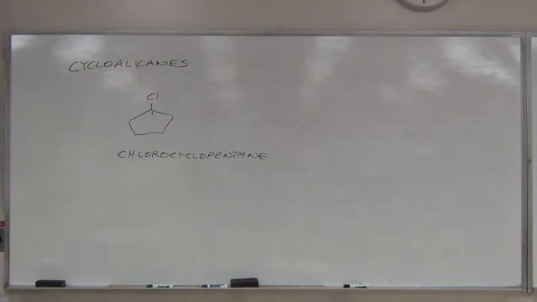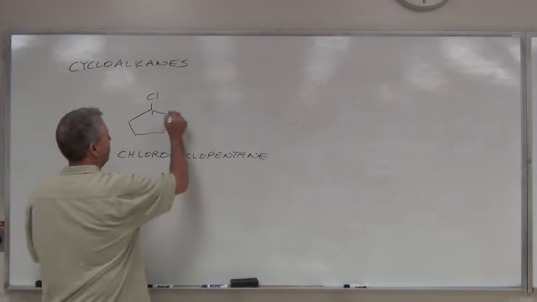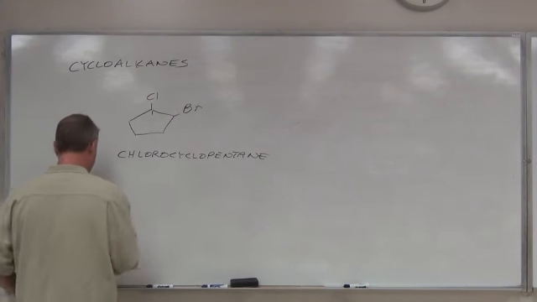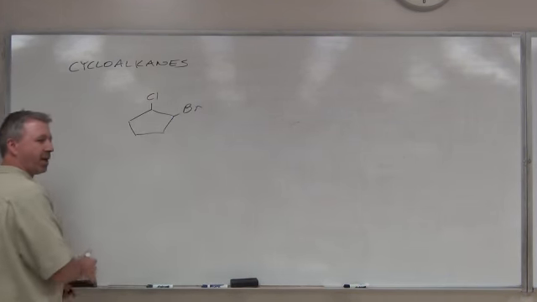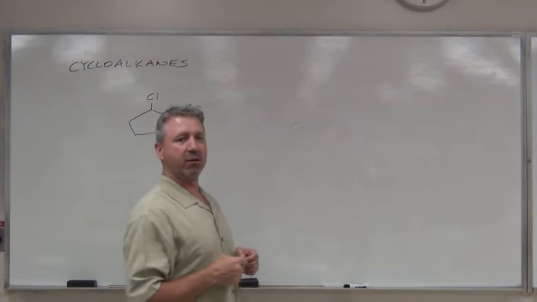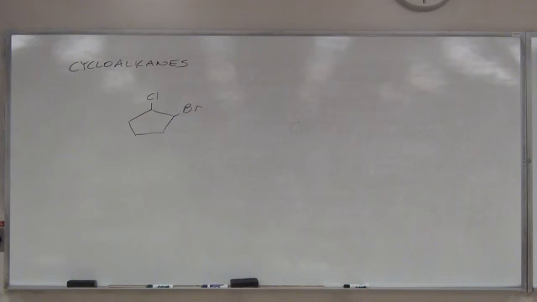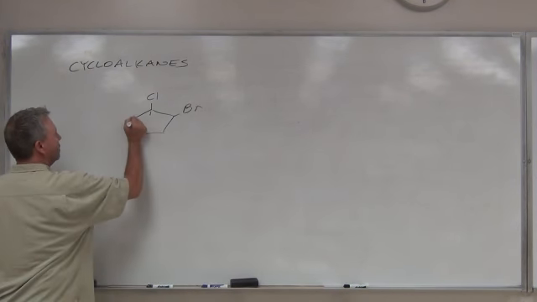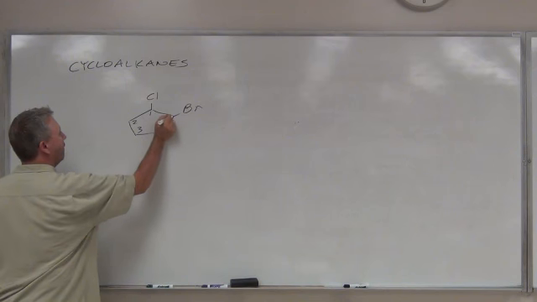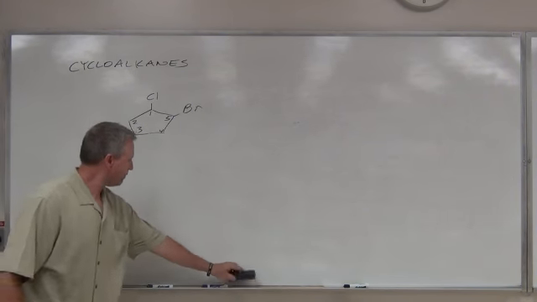If you have more than one substitution, then you have to start locating them. Now, you always want to number your chain in such a way that you put the lowest numbers on both of them. So, you wouldn't start here and say 1, 2, 3, 4, 5. Right? You don't want to do that.